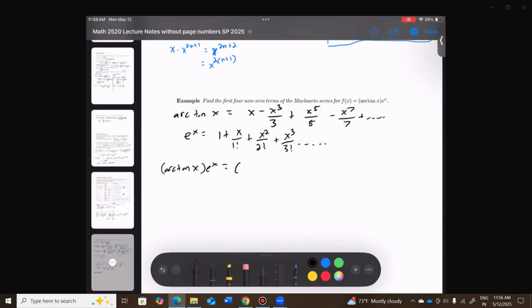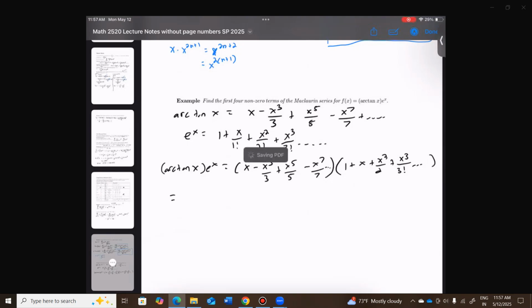So x minus x cubed over 3 plus x to the 5th over 5 minus x to the 7th over 7, and so on, times 1 plus x squared over 2 factorial, plus x cubed over 3 factorial, and so on. So when we multiply these terms out, x times 1 is x.